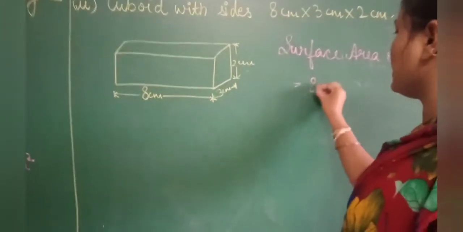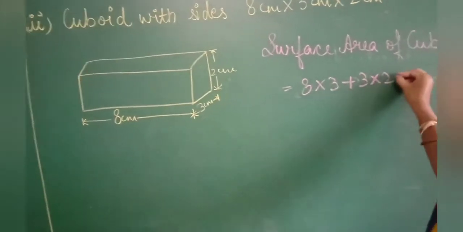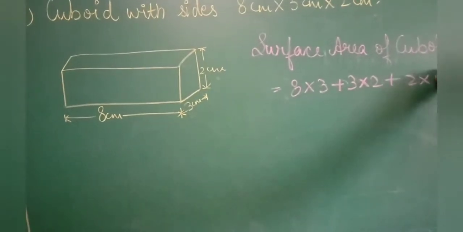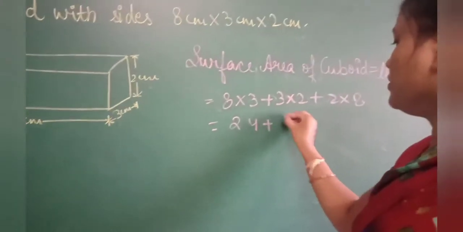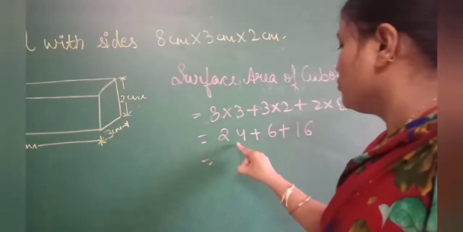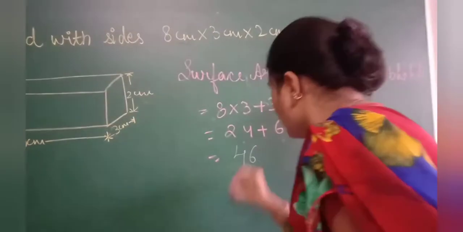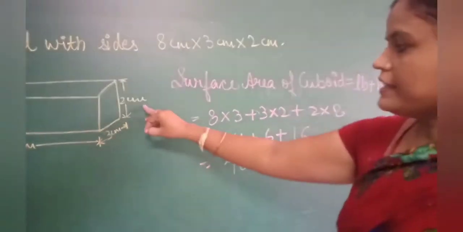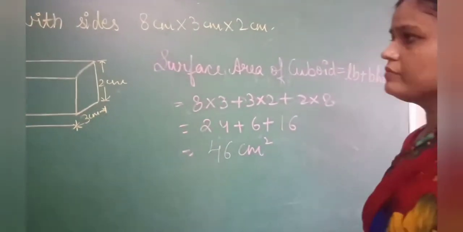That is 8 into 3 plus 3 into 2 plus 2 into 8. 8 threes are 24, 3 twos are 6, and 2 eights are 16. 24 plus 6 is 30, and 30 plus 16 is 46. This is area, so the unit is centimeter square.